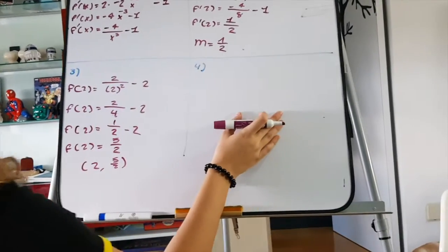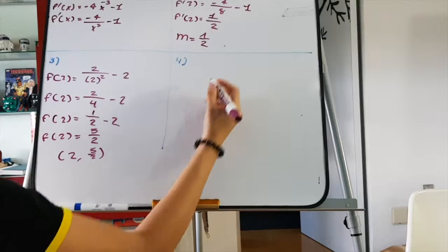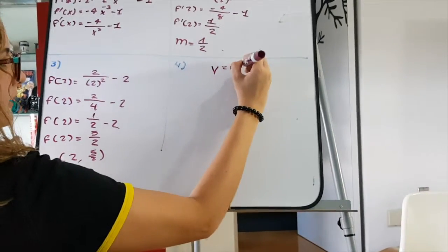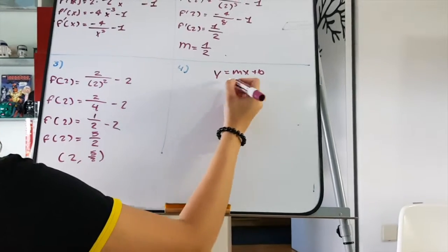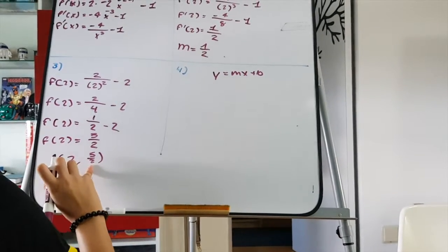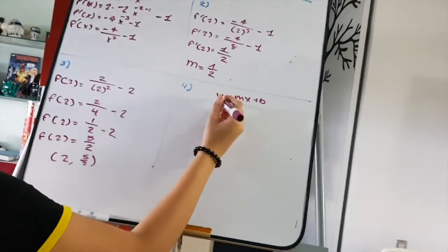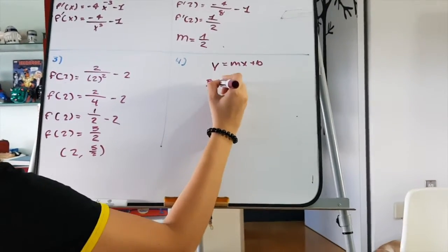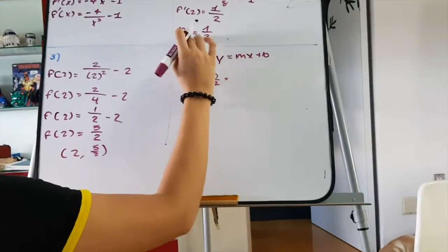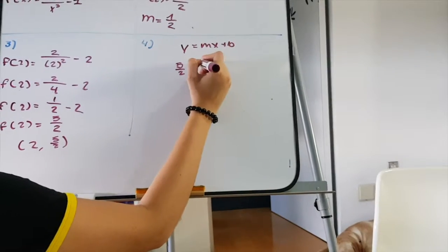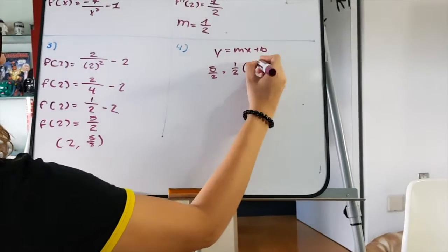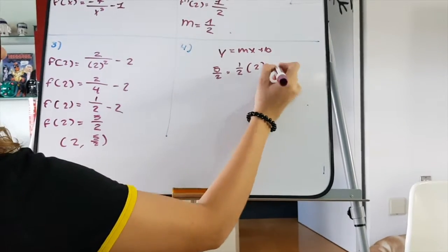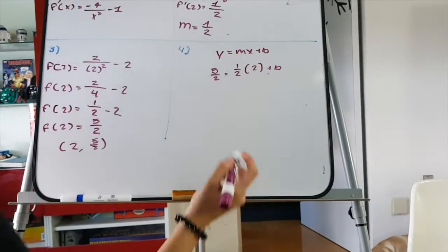Finally, the last step is to make the y equals mx plus b function of the tangent line. So in this step we will be placing 5 over 2 for the y, and for m we will use the first one, one half, times the x, which is 2, plus b, because we need to find b to complete the equation.